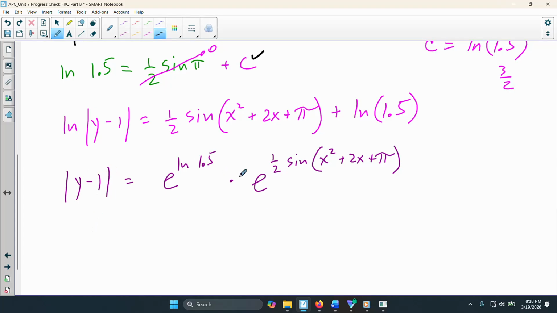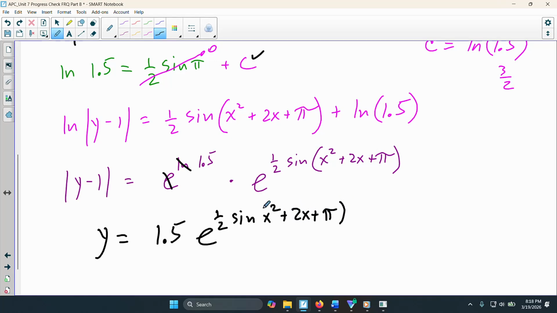By adding 1 to both sides, y equals, this part is simply, they cancel, this is 1.5 e to this whole hideous thing, so 1/2 sine of x squared plus 2x plus pi, close parenthesis, and then of course plus 1.